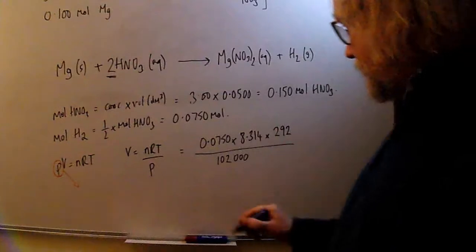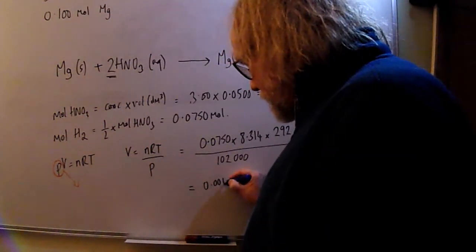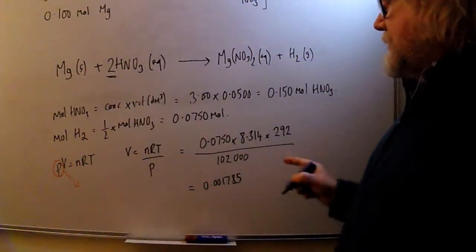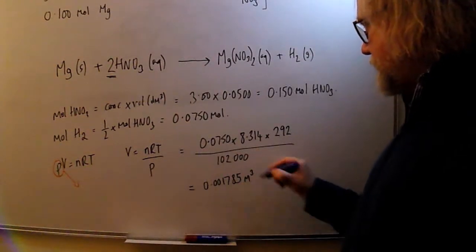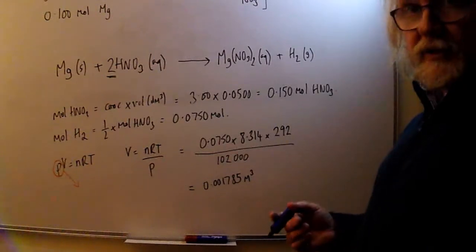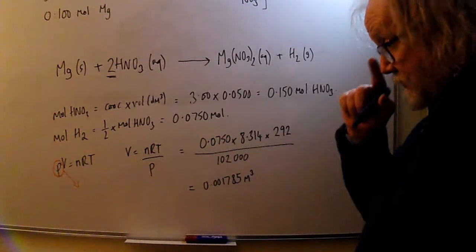And if you crunch all those numbers, that comes to 0.01785. And the unit of volume, when you use the ideal gas equation, is cubic meters. Okay, so this is the one time in chemistry when we don't work in dm cubed, because that equation gives an answer in meters cubed.